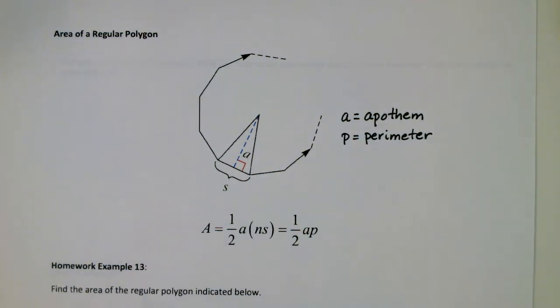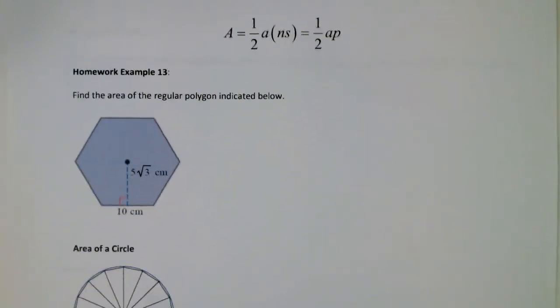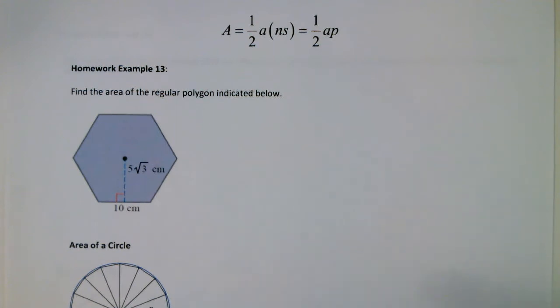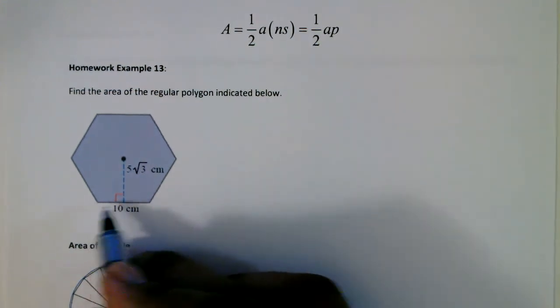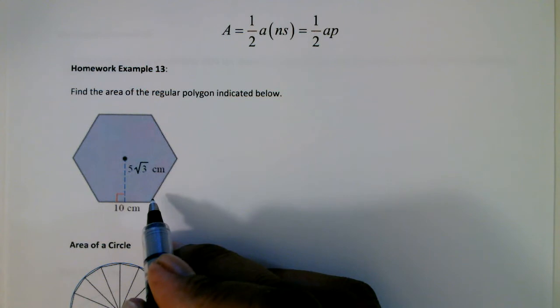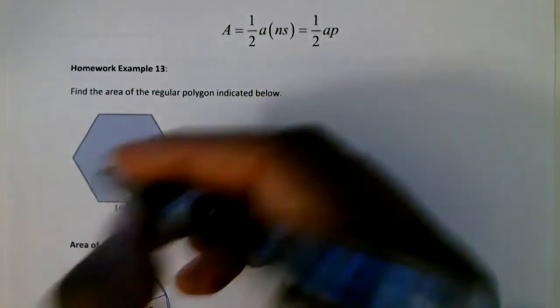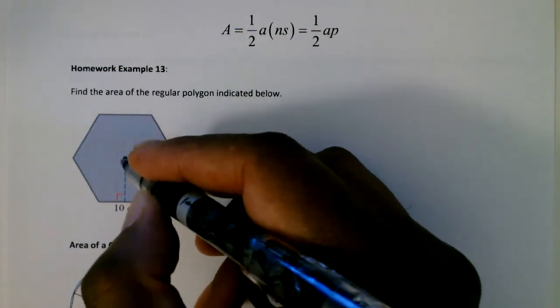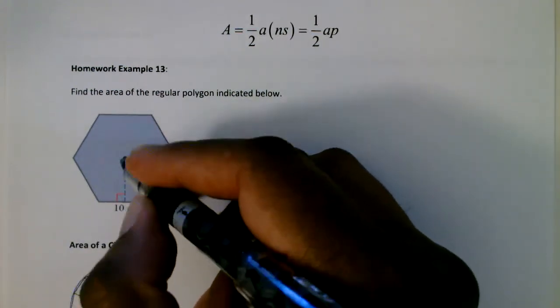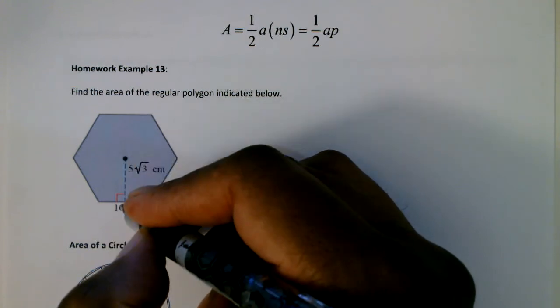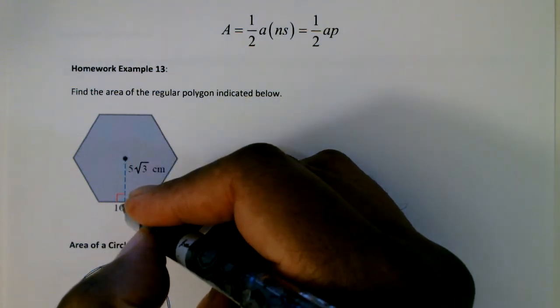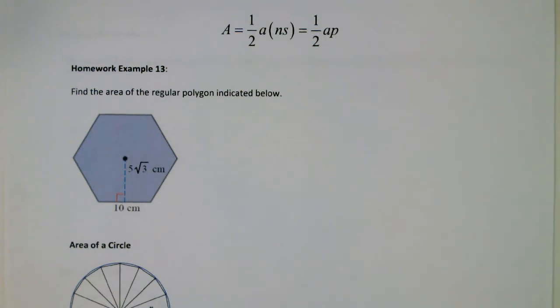Okay, so now let's look at this example. Find the area of a regular polygon indicated below. So here, one of the sides of this regular hexagon, and it's a six-sided figure, that's 10 centimeters. The apothem, that's going to be this perpendicular segment here from the center to a point on the side of that hexagon.